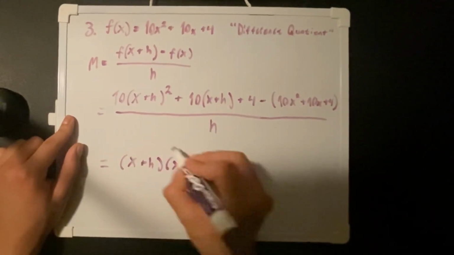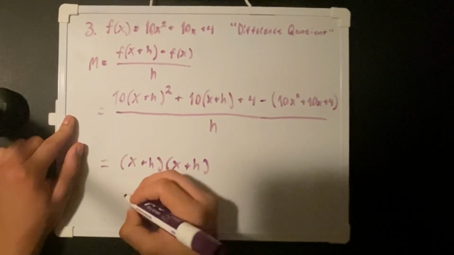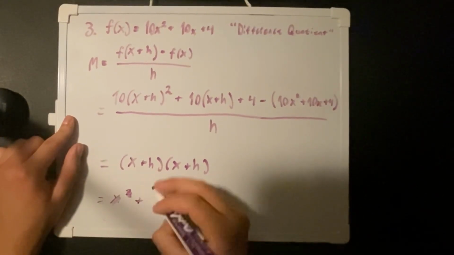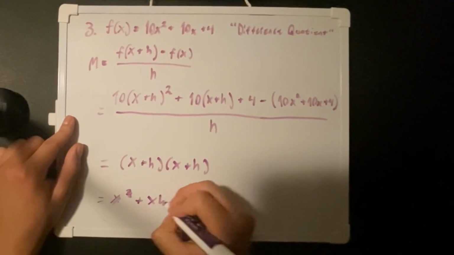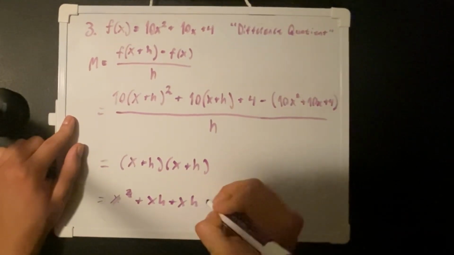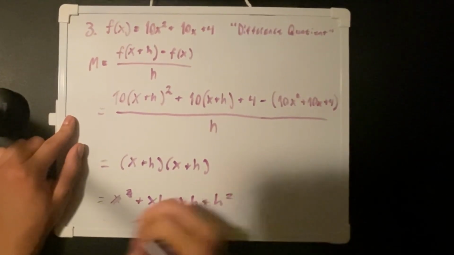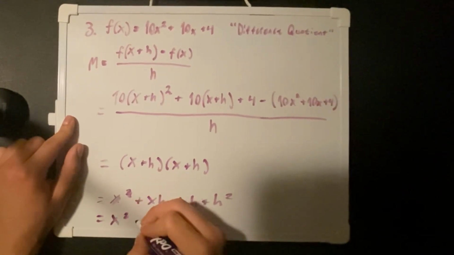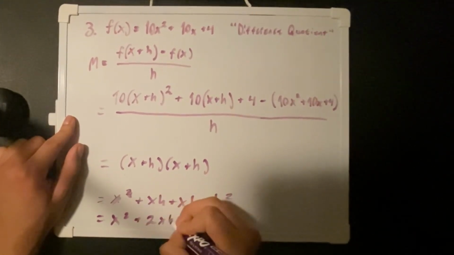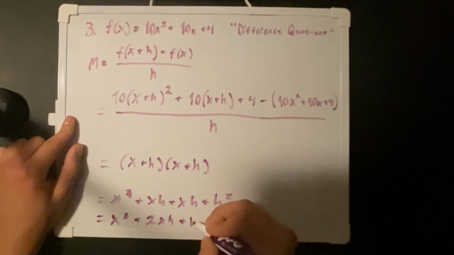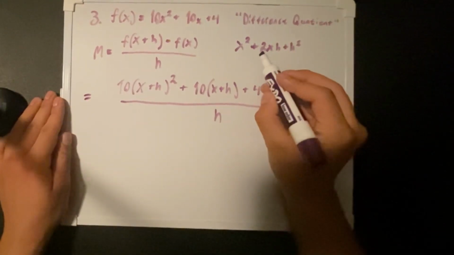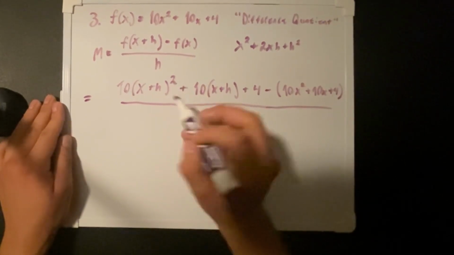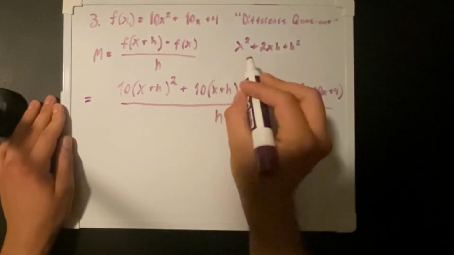So then you put your values into the other side, and you end up with x squared plus xh plus xh plus h squared, which simplifies to x squared plus 2xh plus h squared. Now that we have the equation for x plus h to the power of 2, we can now solve.